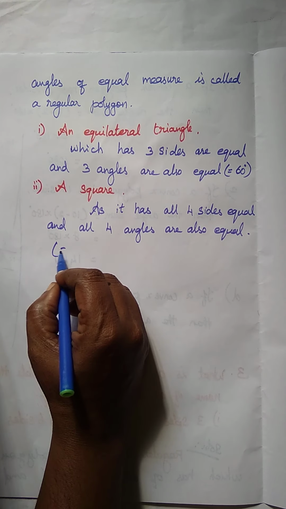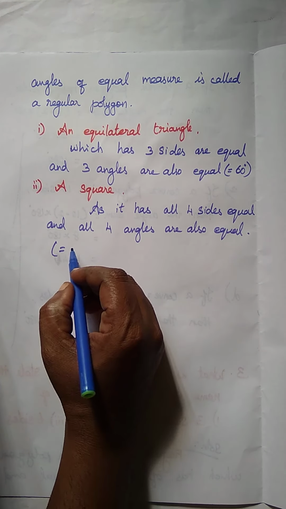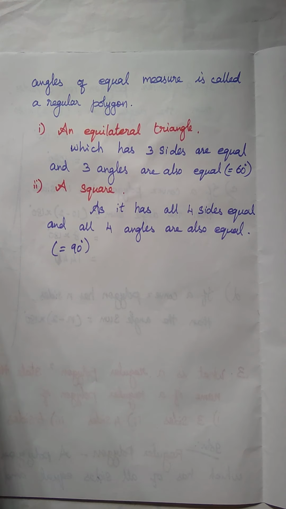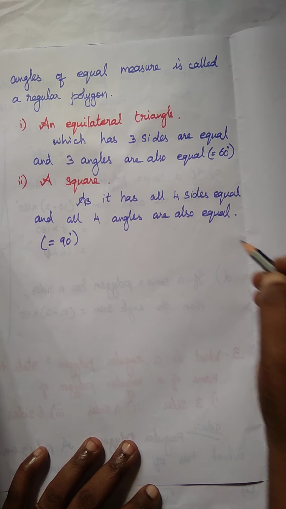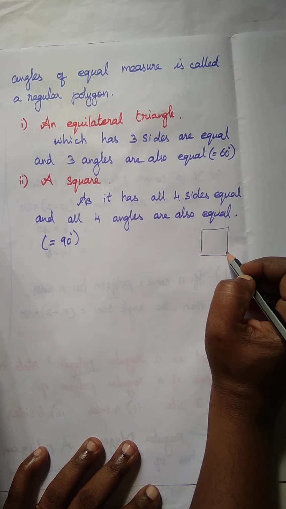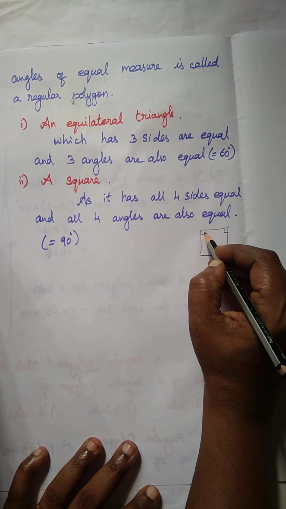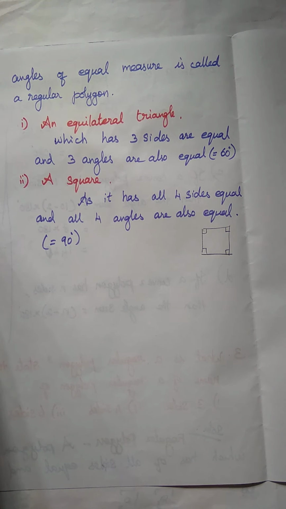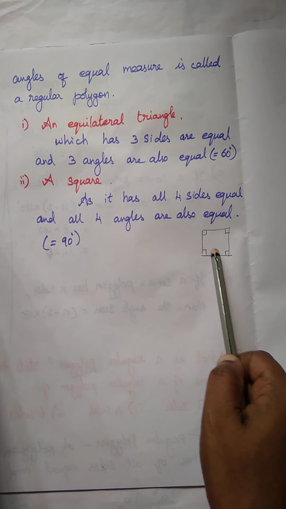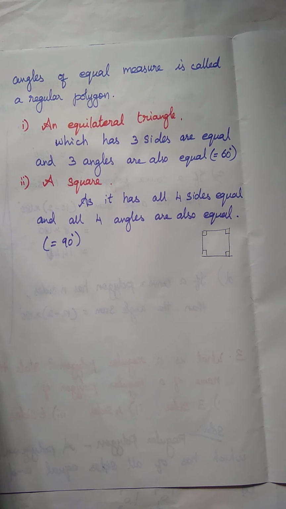That is, each angle has 90 degree. You all know about a square when you see it. This is a square diagram. Each angle is 90 degree. Okay, it's a quadrilateral, so the total angle of a quadrilateral is 360 degree.